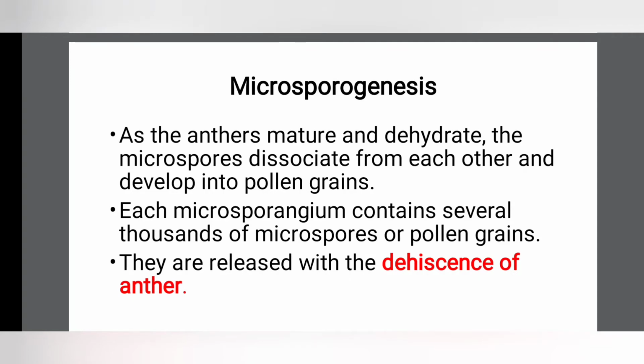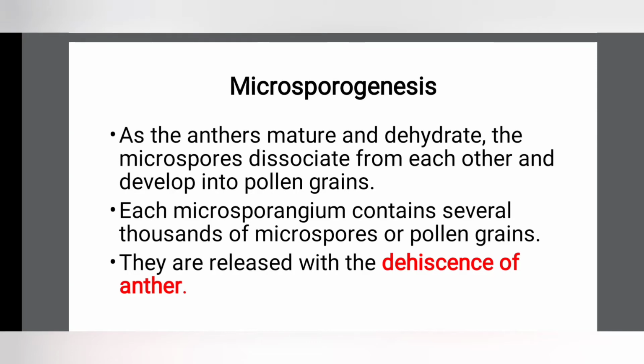As the anthers mature, they become dehydrated. They lose much of the water content from them. By this time, the microspores present in a microspore tetrad dissociate or separate from each other and develop into pollen grains.